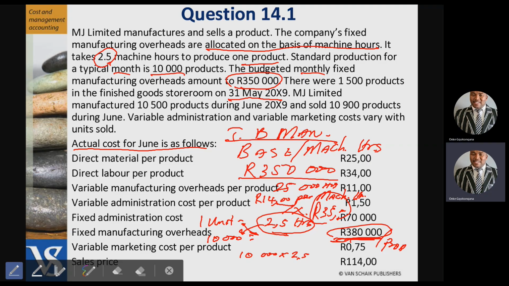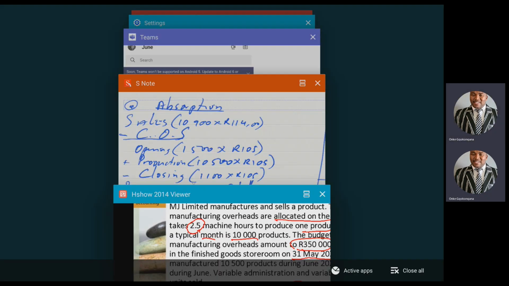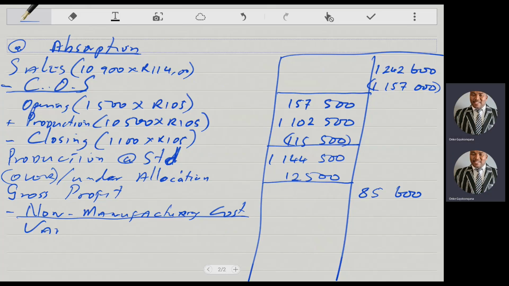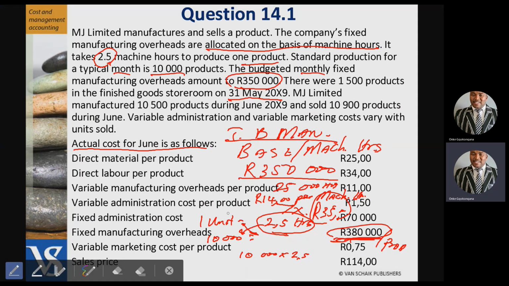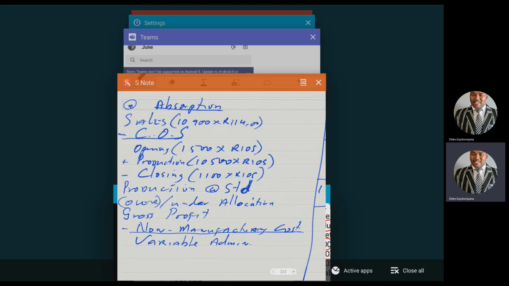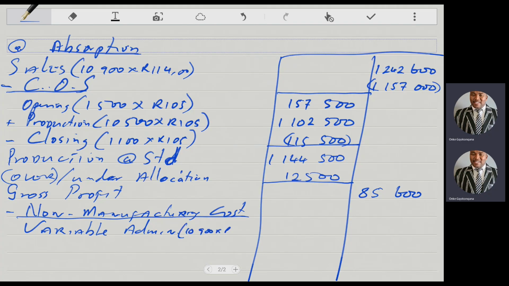Go to the variable admin. If you look at this variable admin, they say that it is R1.50 per unit, and it varies according to the units sold. So I will go to 10,900 times R1.50. Then I will get to 16,350.